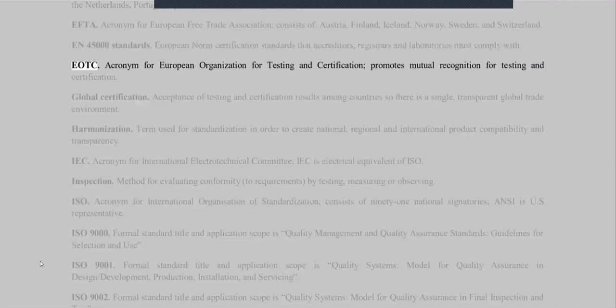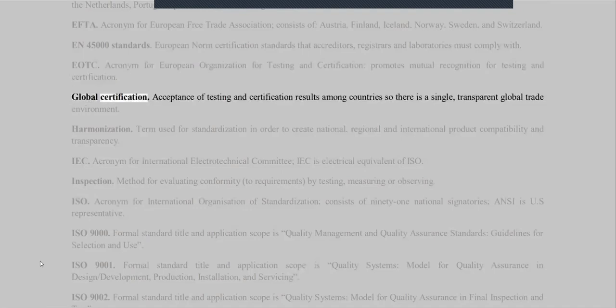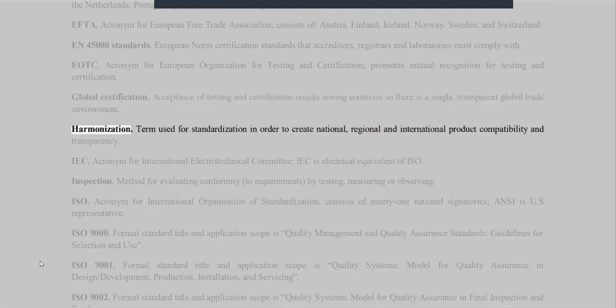EOTC. Acronym for European Organization for Testing and Certification, promotes mutual recognition for testing and certification. Global certification. Acceptance of testing and certification results among countries so there is a single, transparent global trade environment. Harmonization.